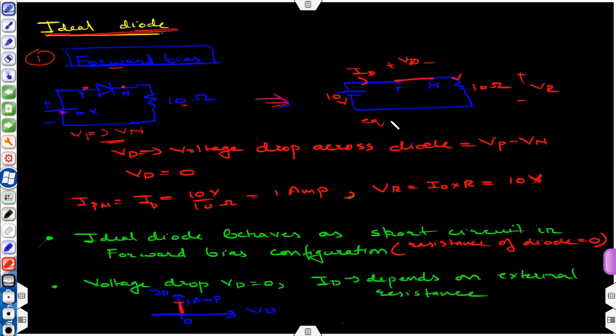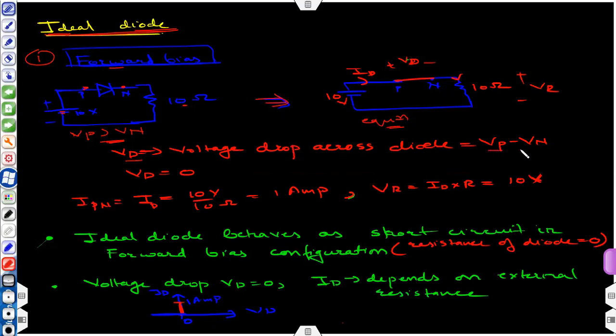You can make an equivalent circuit, where you replace your diode with a simple wire. This circuit will have a current ID flowing in the clockwise direction, and let's say VD is the voltage drop across the diode.